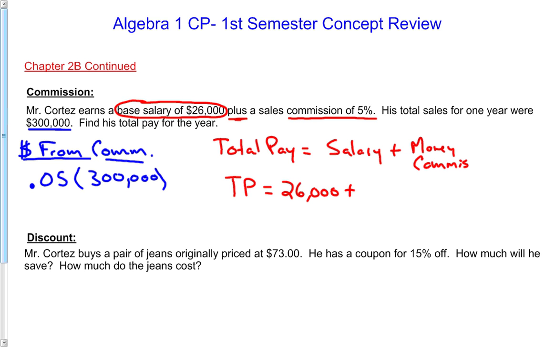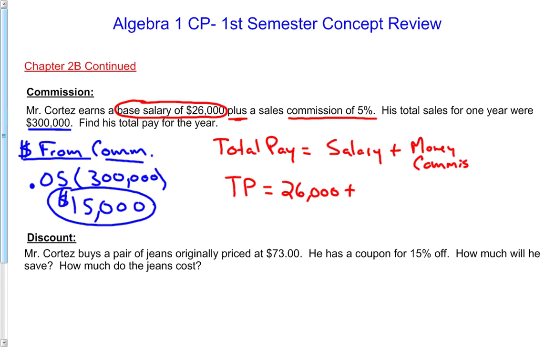So 0.05 times 300,000 gives you 15000. That would be $15,000. That's how much he makes off the commission.